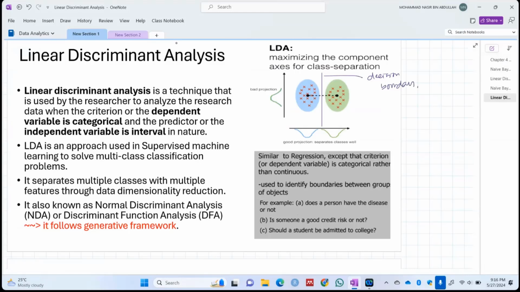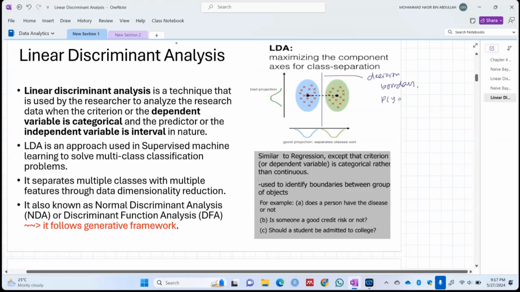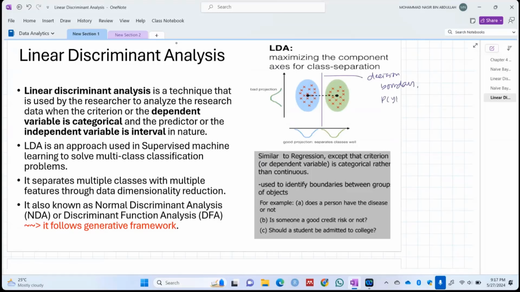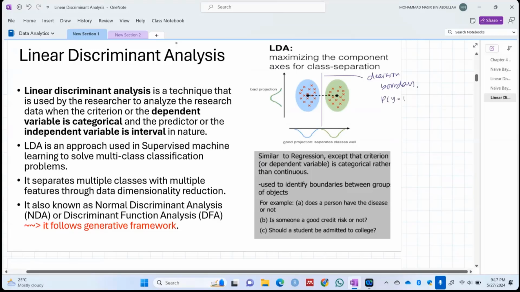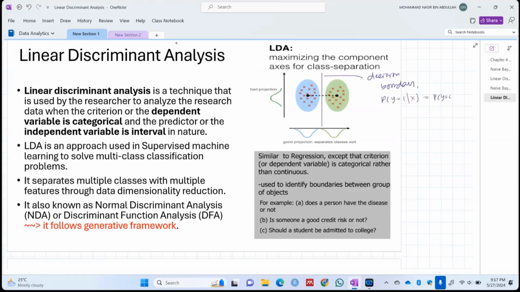In this case, we define the decision boundary by the probability of y equal to 1 given x equal to the probability of y equal to 0 given x. So it means that when the values are equal, this is our decision boundary, right?